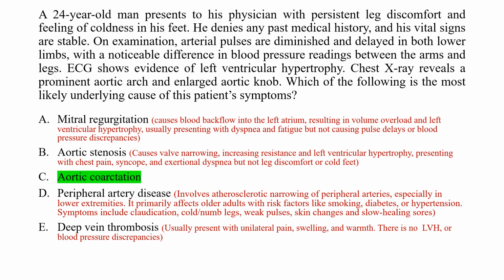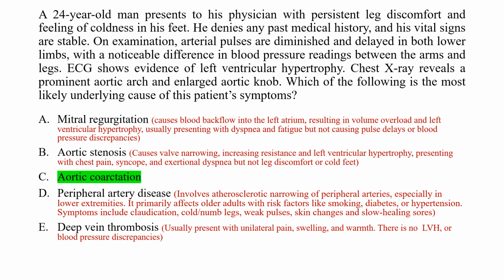Let's have a look at the other options. Option A, mitral regurgitation, causes backflow of blood into the left atrium, which leads to volume overload and left ventricular hypertrophy. It does not cause pulse delay or significant blood pressure differences between extremities, and the symptoms usually include dyspnea and fatigue.